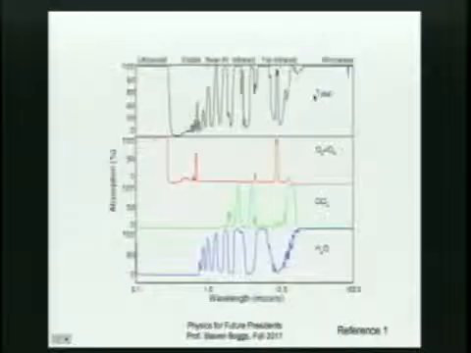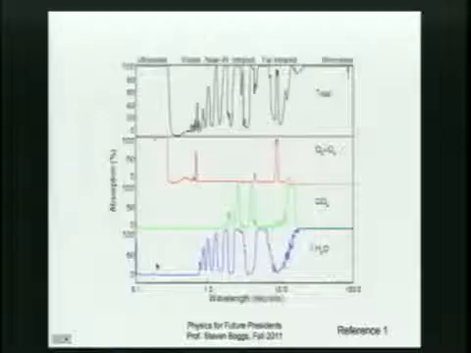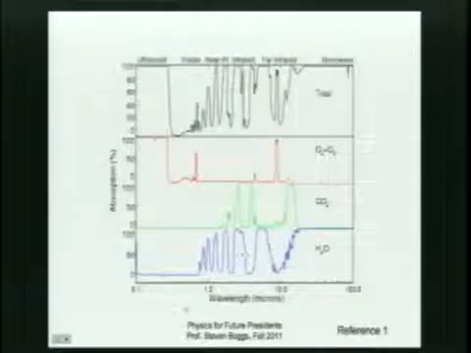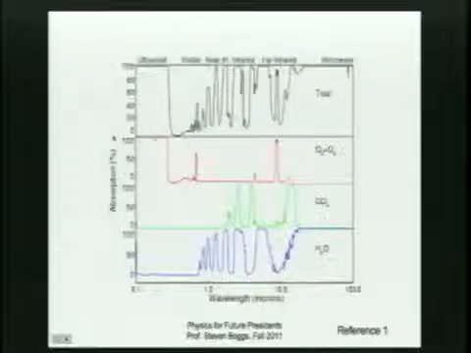Let's see. This is a very complicated plot. And so if it hurts your brain, don't look at it too closely. But this is a plot of absorption. So this is how much the atmosphere absorbs, or how much these gases absorb radiation versus wavelength.